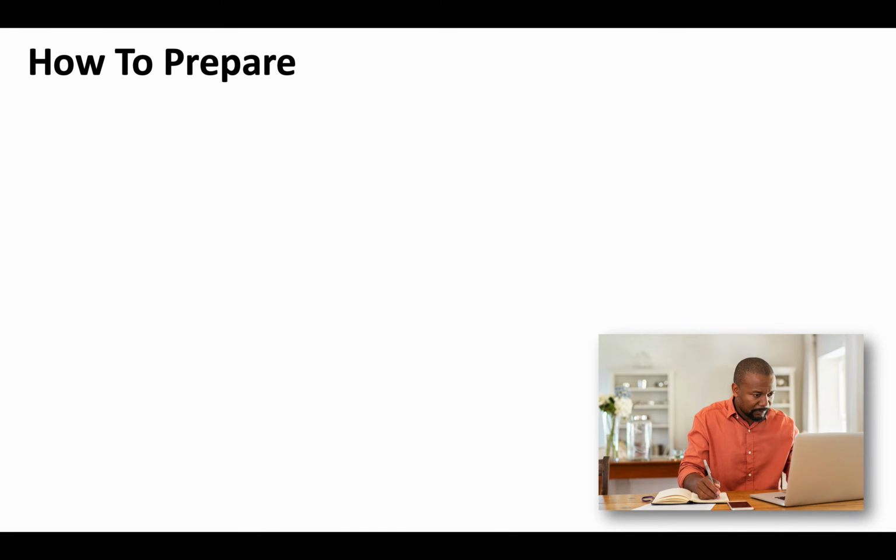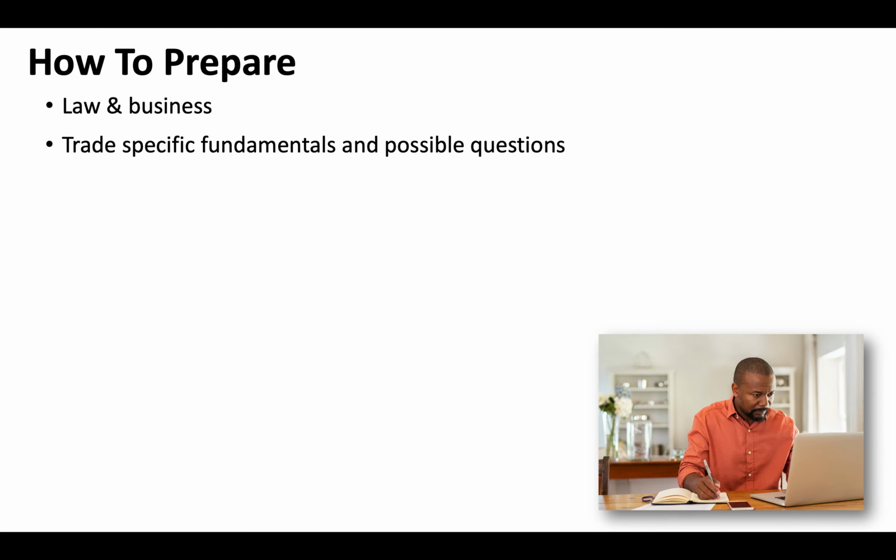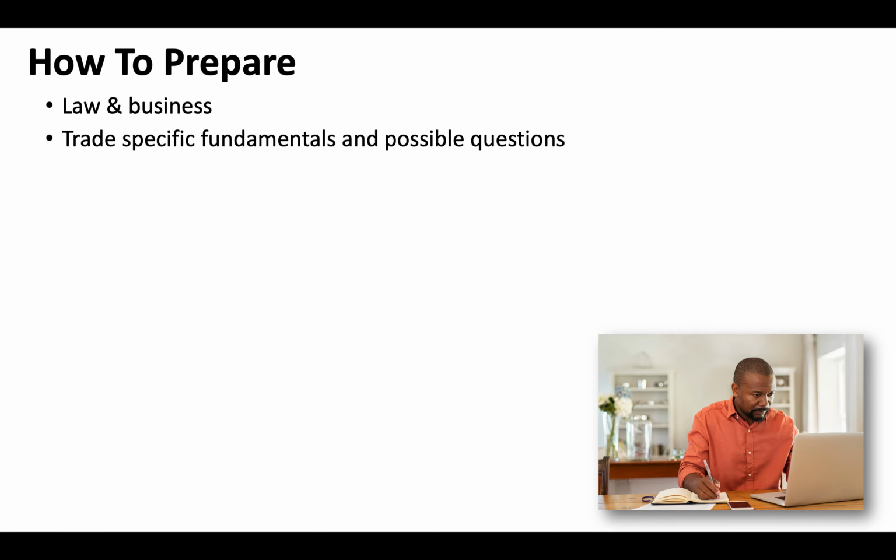Now, preparing for your California contractor license exam, obviously make sure that you have a solid understanding of California law and business. It represents 50% of the exam, so it's going to be huge that you're able to answer questions on that. And then your trade-specific fundamentals. Make sure that you've seen the possible questions that could arise and that you understand all aspects of your trade.